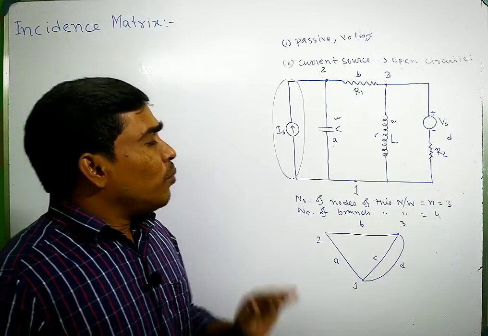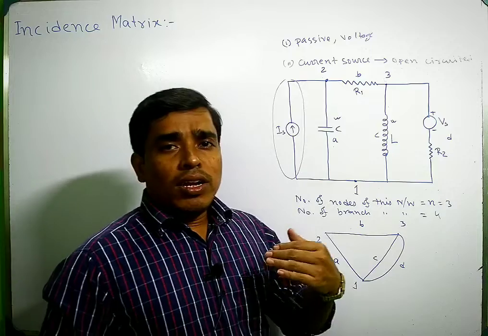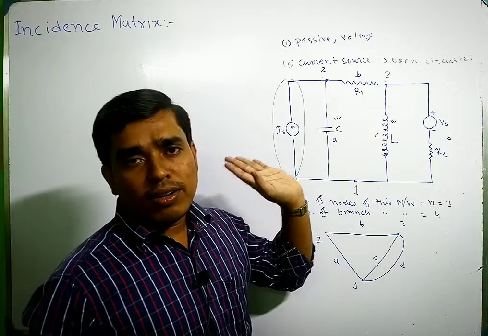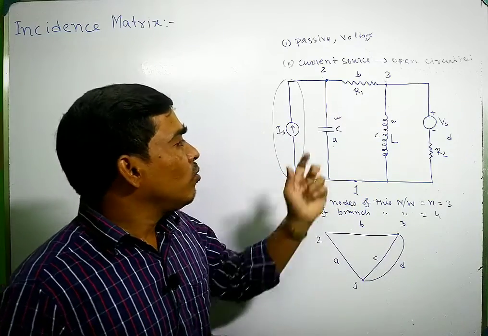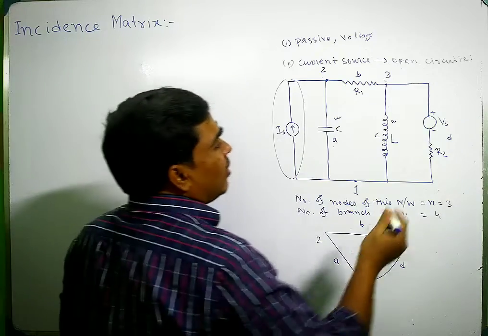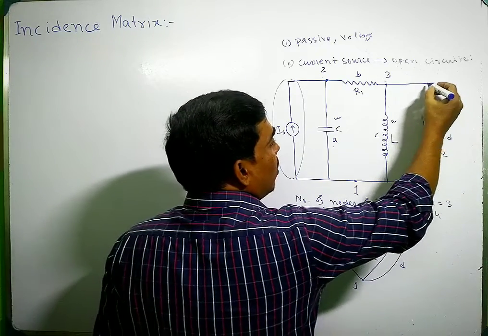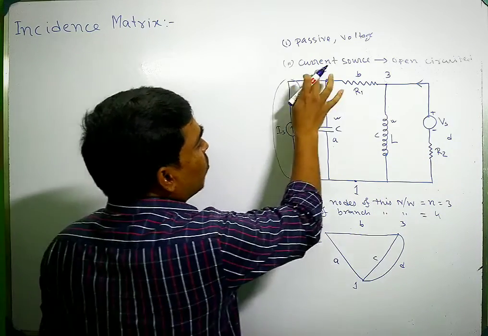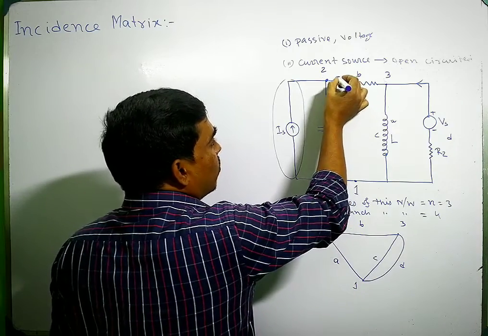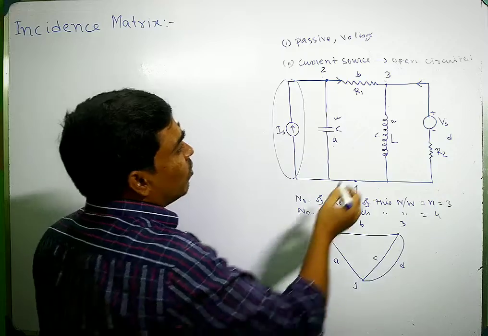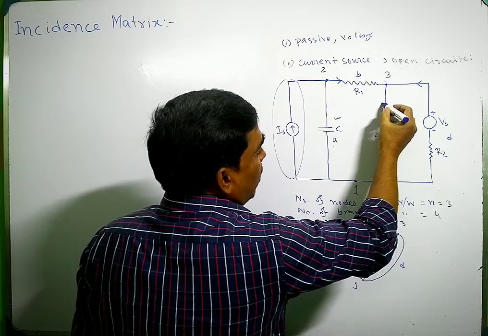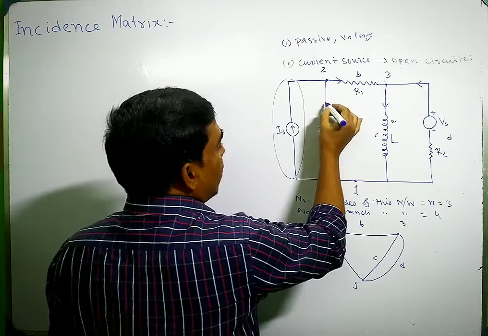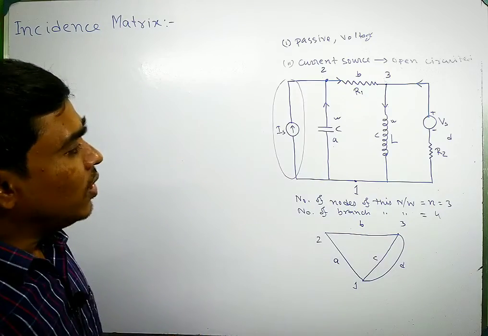Now we have to determine the direction of current through this network. This is a voltage source, so current will go in this way. This is a current source, so current must go in this way. So the current direction through this inductor will be along this direction, and this current along this direction.